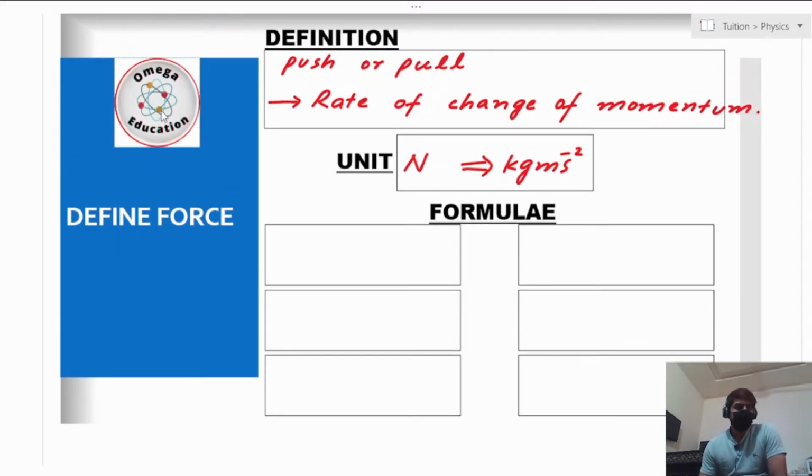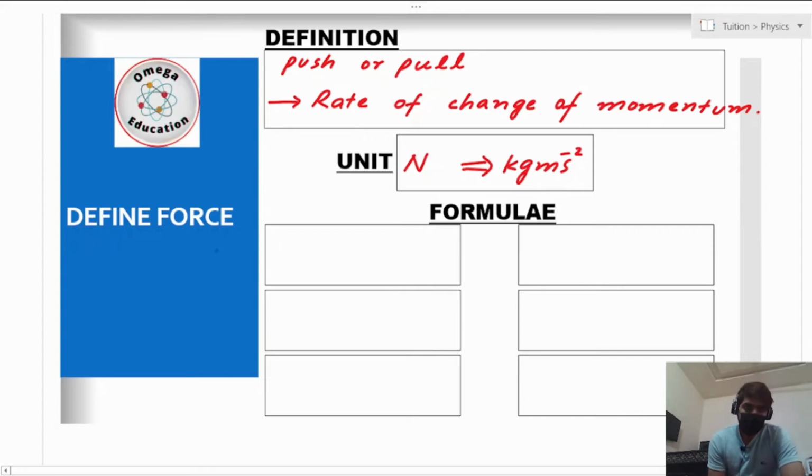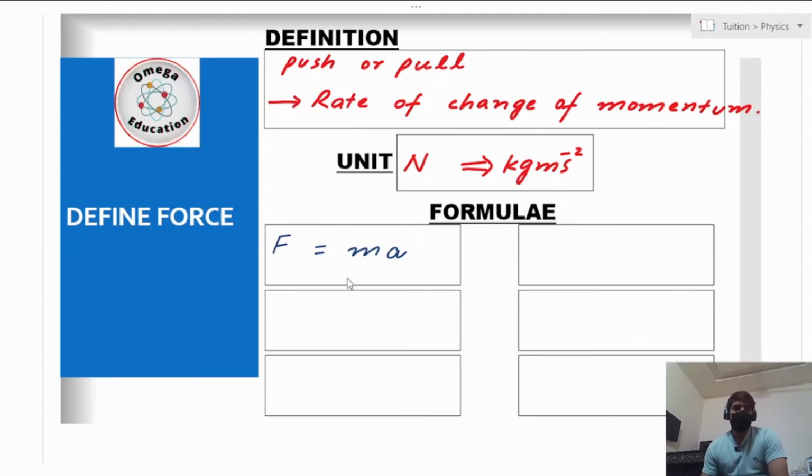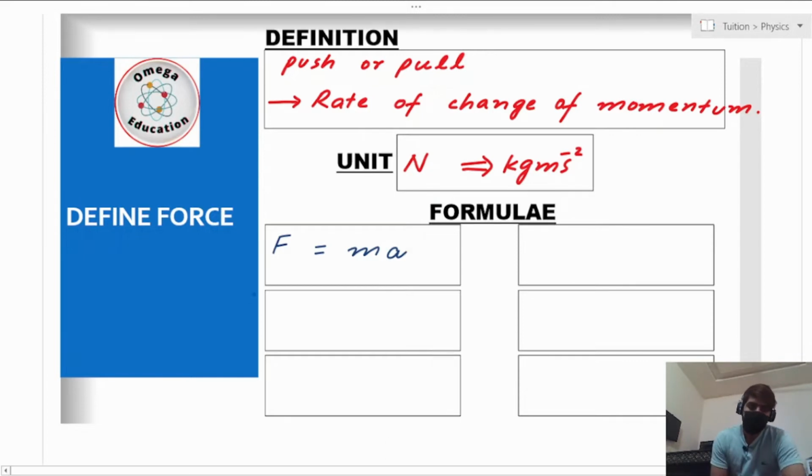Well, there are different formulas depending on different situations, but the famous ones are F equals ma, force equals mass times acceleration, and force equals delta p over delta t, which is the rate of change of momentum.